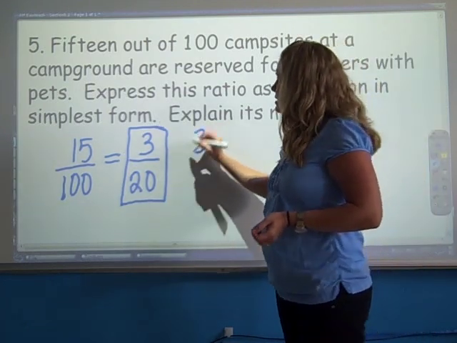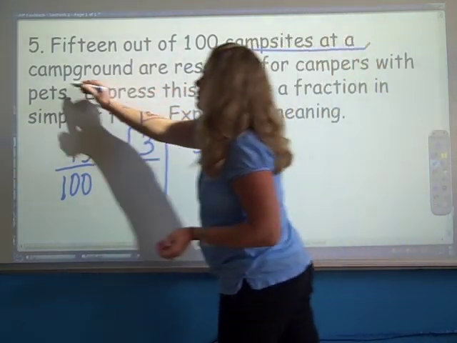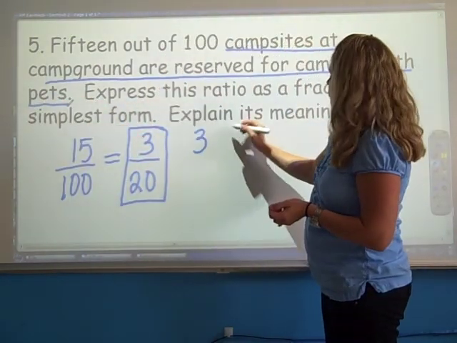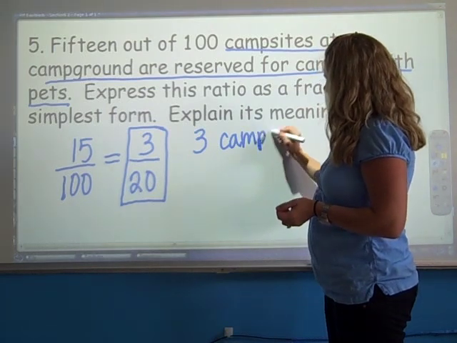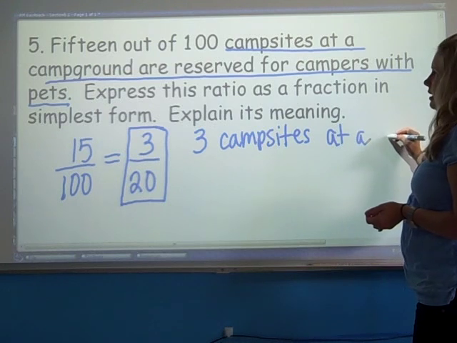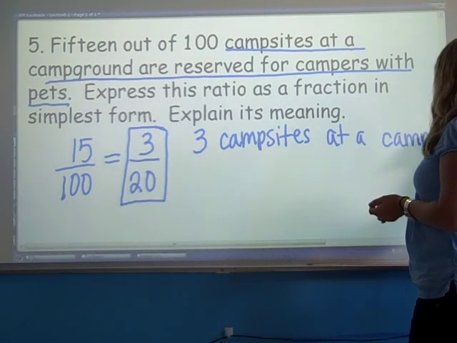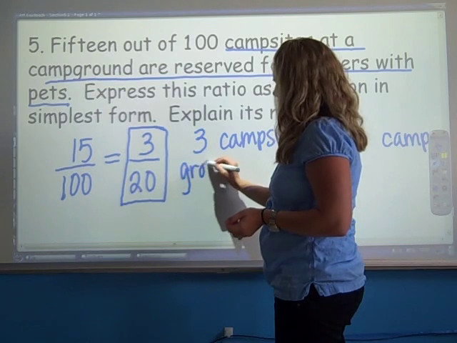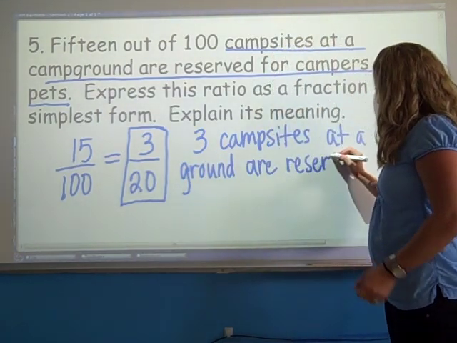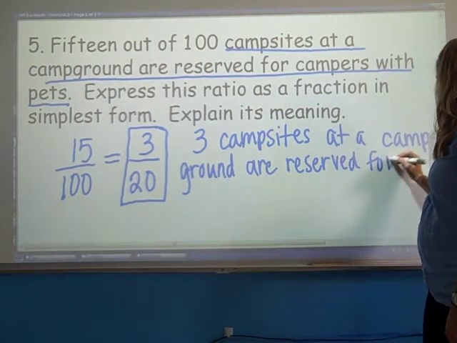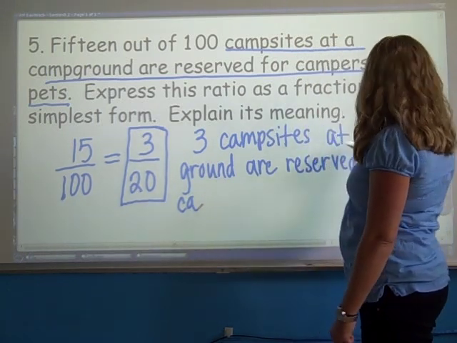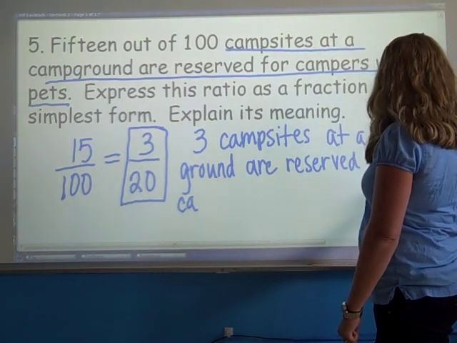So I would write the same sentence here, now with my reduced ratio. 3 campsites, oh, 3 campsites out of 20, I forgot.